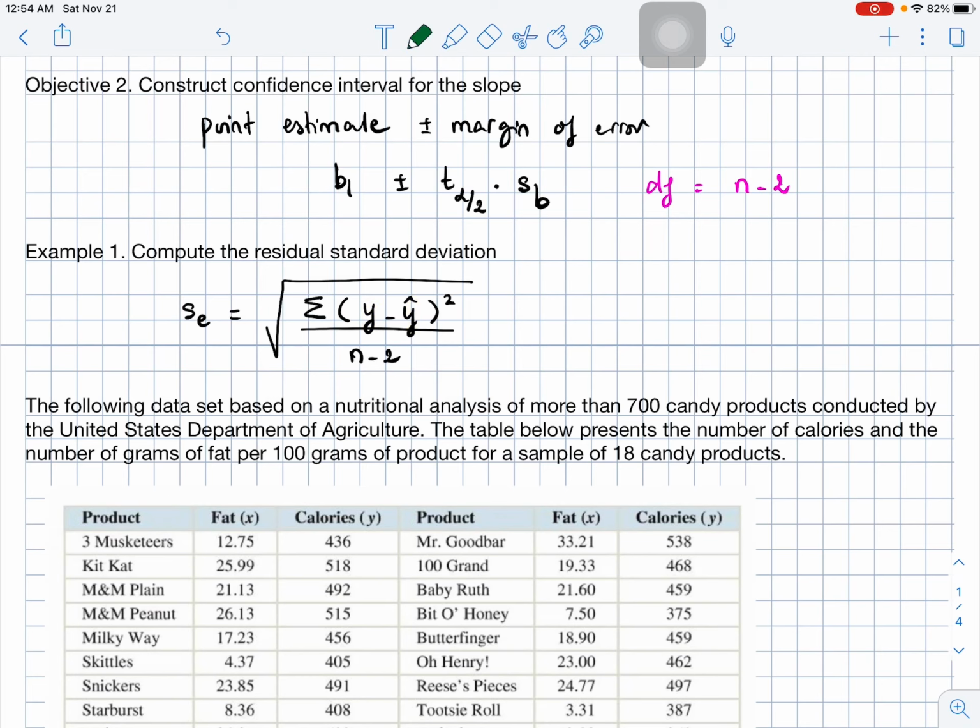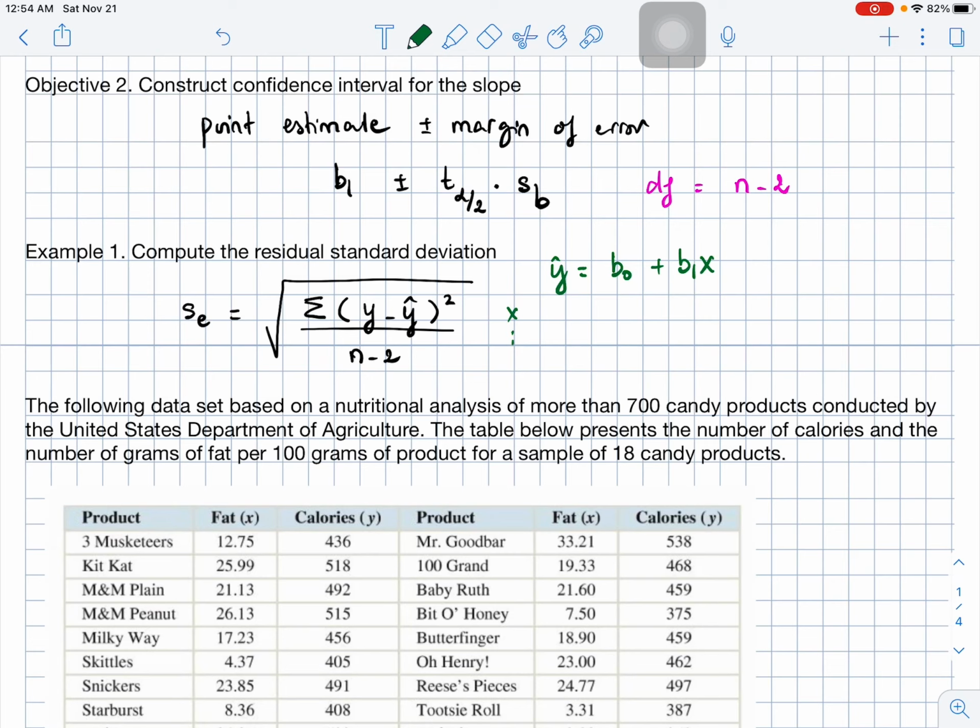In order to find the equation of the regression line for the sample, we know that y hat equals b naught plus b1 x, where b naught is the intercept and b1 is the slope. We can use the Excel command.